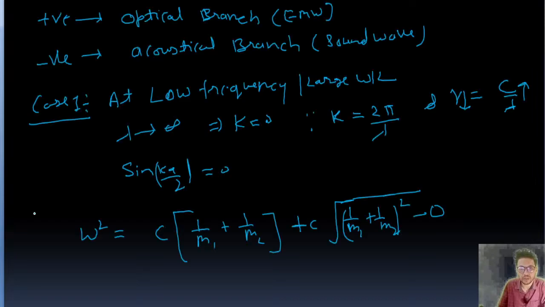Because we are talking about the optical branch, we denote omega square plus, since we consider the plus sign only. For the optical branch we take the plus sign, for the acoustical branch we take the minus sign.